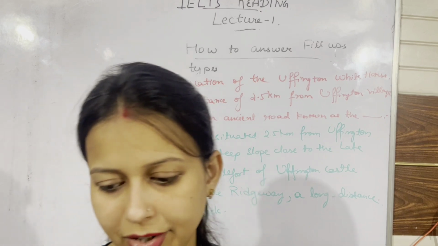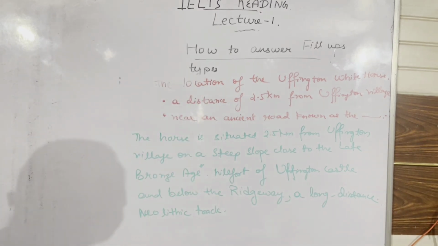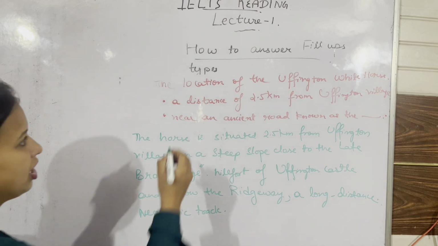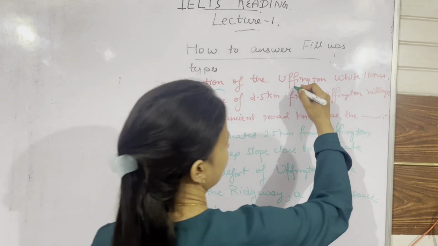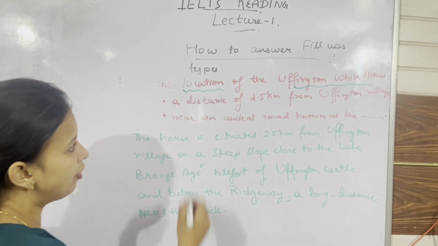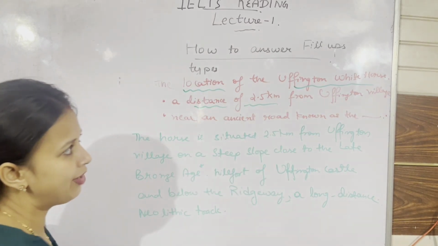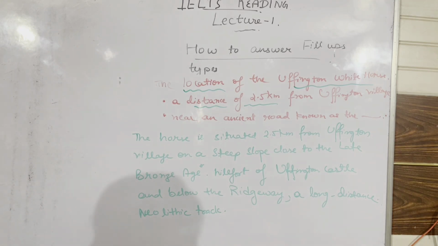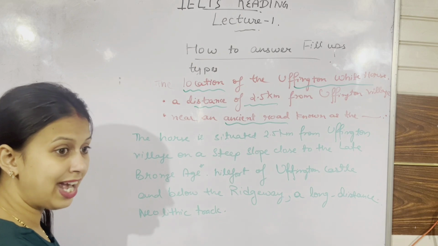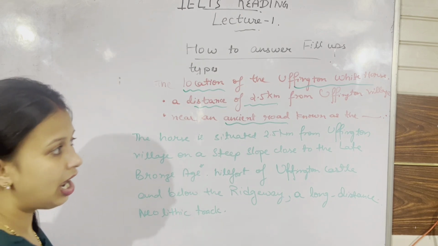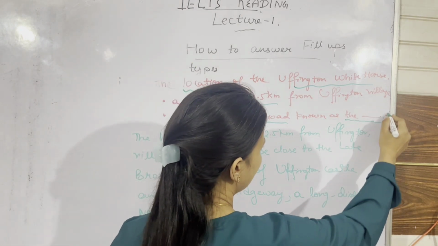Okay, pay attention here now. So, the location of the Uffington White Horse. The distance of 2.5 kilometers from Uffington village, near an ancient road known as the dash. After the, I know what has to come?